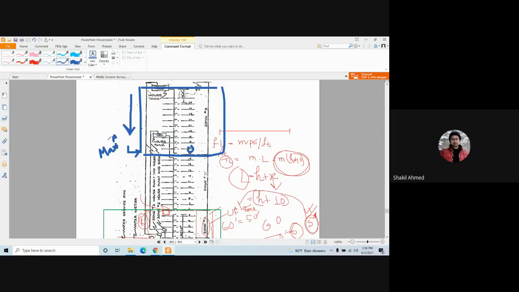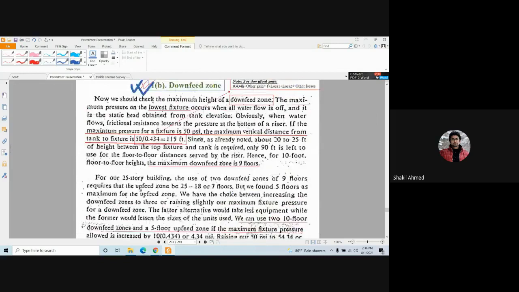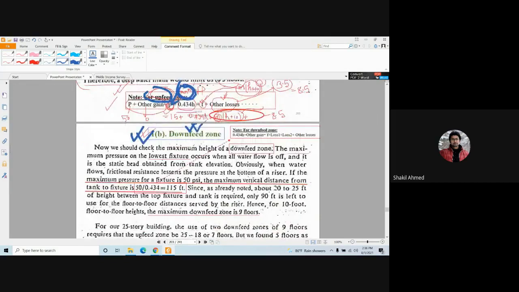That means you have to be aware that your pressure is not so high that it will break down the fixture. You have to make sure that the pressure is not that high that it breaks down the fixture. So in case of the downfeed zone, your concern is not the minimum one, your concern is the maximum one.